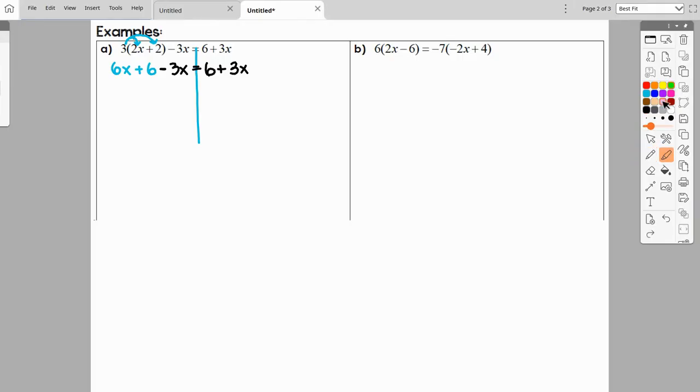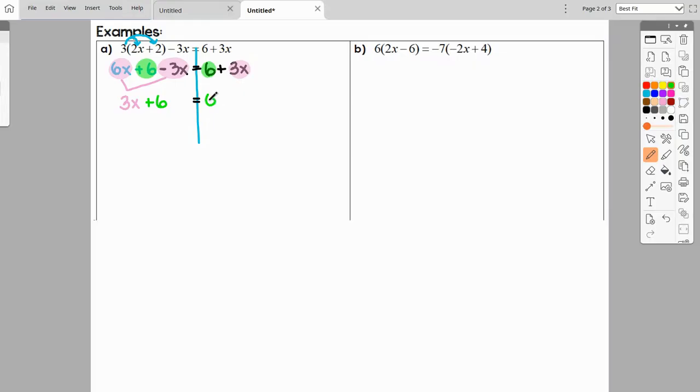Now I'm going to go ahead and look at my like terms. So anything that has an x, I'll highlight in pink, and anything that's just a number, I'll highlight in green here. I see that I have 2 pink like terms on this left side, so I'll keep their signs and combine them. 6x minus 3x is 3x here. I'll bring down the plus 6 I have, and it will equal the 6 plus 3x.